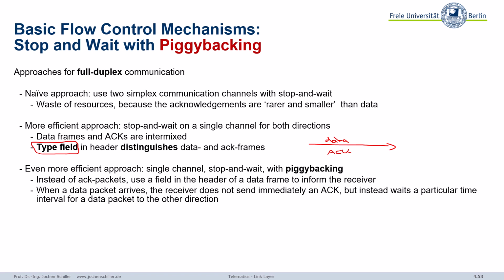Plus, we can do something that's called piggybacking. So in the classic example, we send data from A to B. And now we send back an acknowledgement. But maybe B also has to send data, then why not piggyback the acknowledgement in this packet?